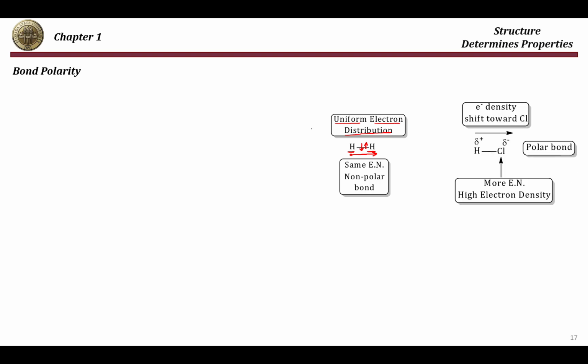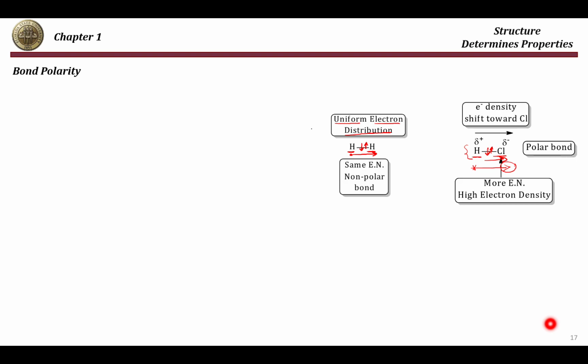However, if we have two elements such as hydrogen and chlorine, which have a big electronegativity difference between them, in this case chlorine, because it's highly electronegative, will attract the electrons which are here to move toward its side. And that's why if I'm moving from this point to this point, I will notice that next to hydrogen we have low electron density, whereas when I move to the chlorine side, we have high electron density.